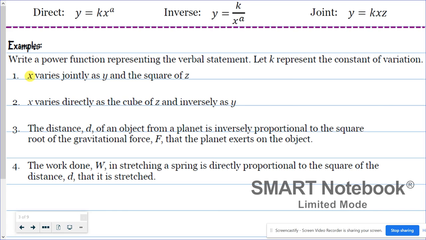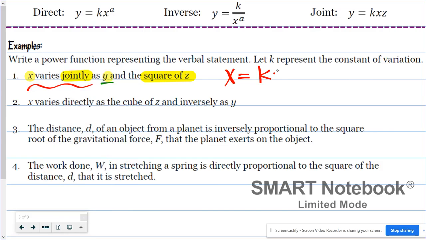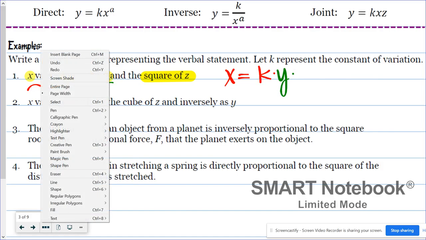So this said x varies jointly as y and the square of z. Those are the key terms in that expression. Now I'm going to translate that into a power function. X varies jointly as, so x equals, and jointly is multiplication, so k times y, and the square of z.